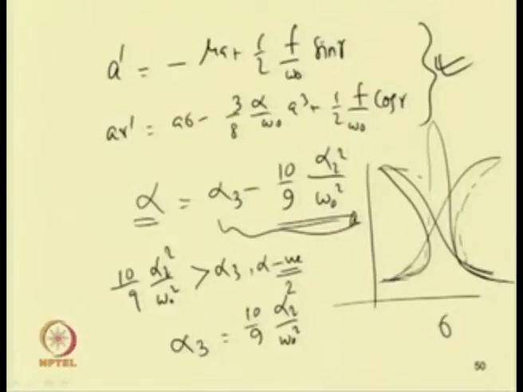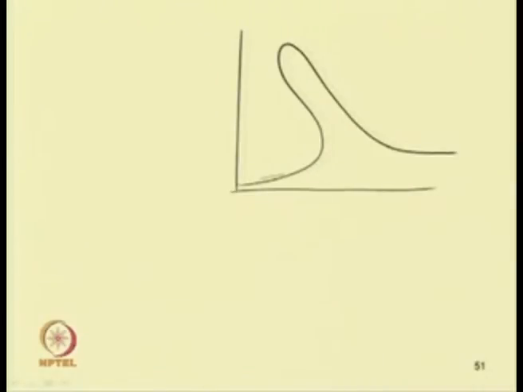So, we have seen that in this case we have 3 zones, and this part has already been discussed. This is A versus sigma. Up to this value we have a single response, and in this range we have 1, 2 and 3 responses.